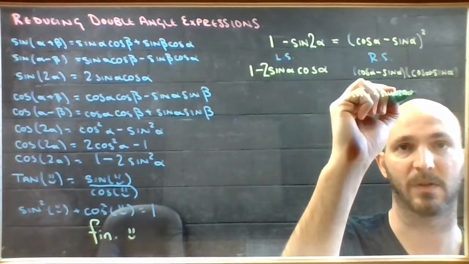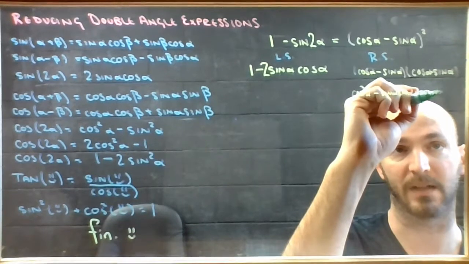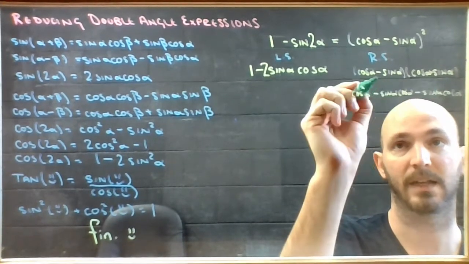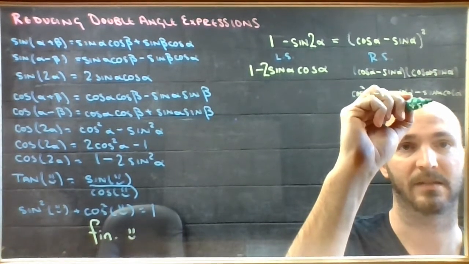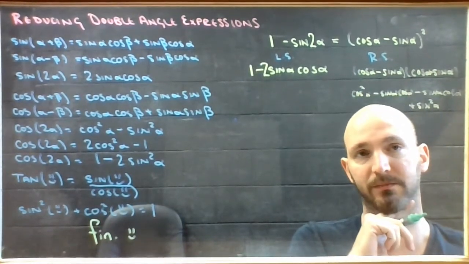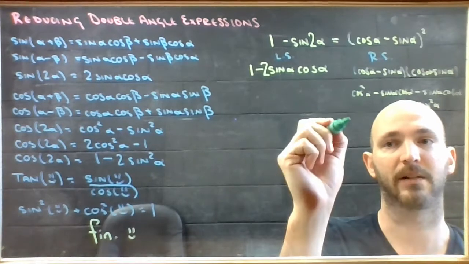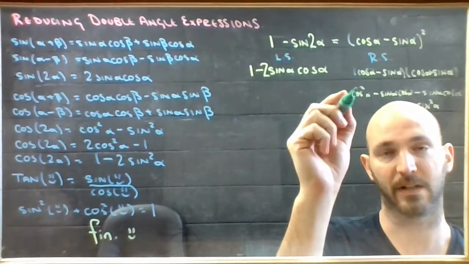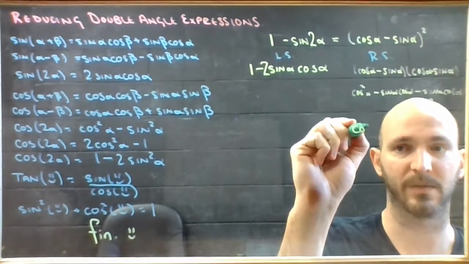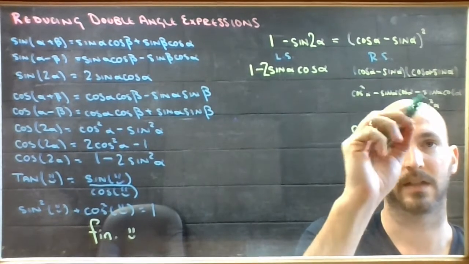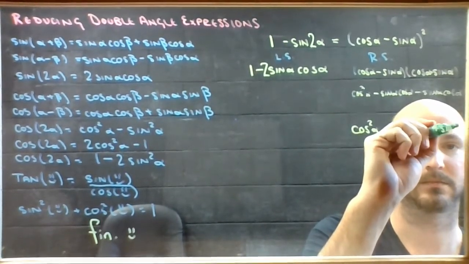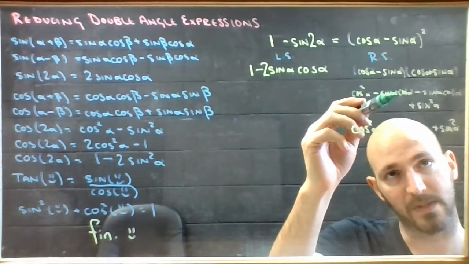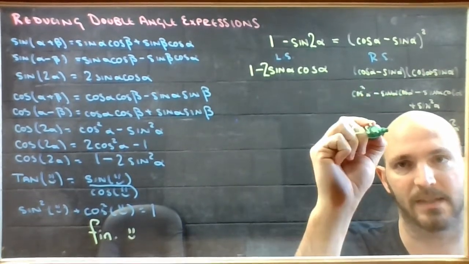Minus sine times cos is minus sine alpha cos alpha. And minus sine times minus sine is plus sine squared alpha. Now, on this little expression here, I only have one cos squared. I only have one sine squared. Then I have minus sine cos alpha minus sine cos alpha. That's two of them.